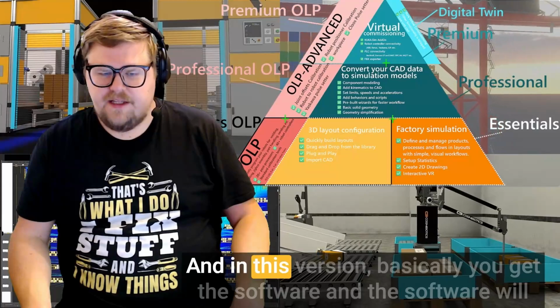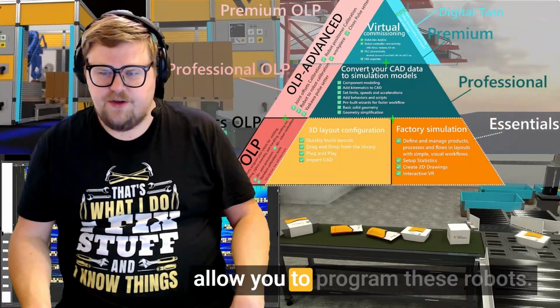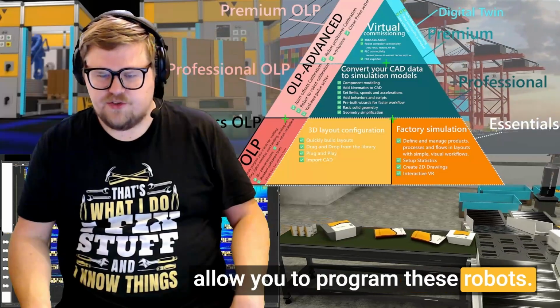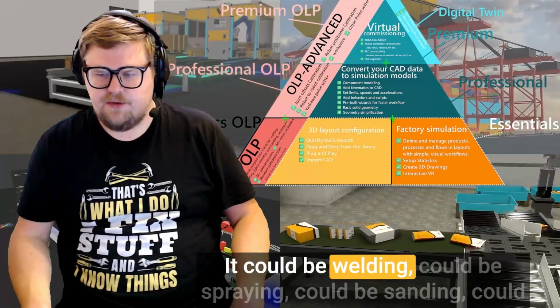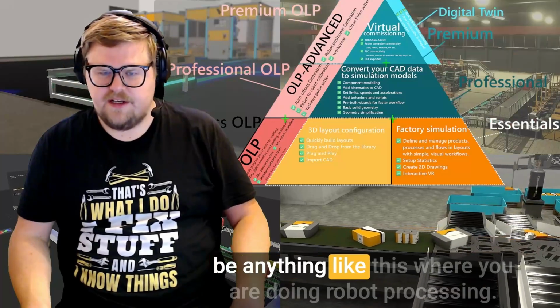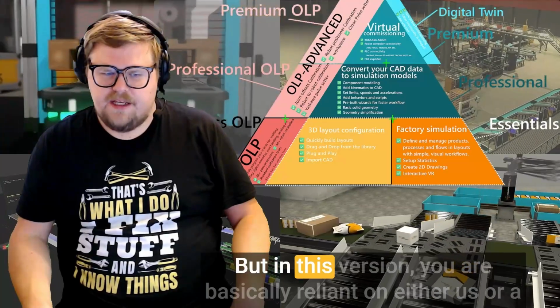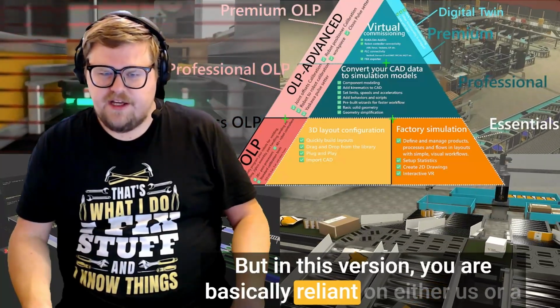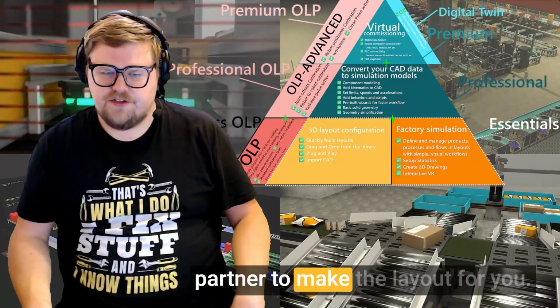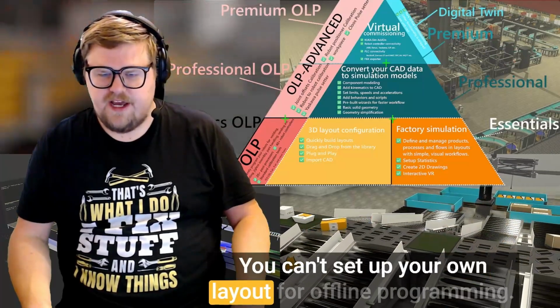And in this version, basically, you get the software, and the software will allow you to program these robots. It could be welding, could be spraying, could be sanding, could be anything like this where you are doing robot processing. But in this version, you are basically reliant on either us or a partner to make the layout for you. You can't set up your own layout for offline programming.